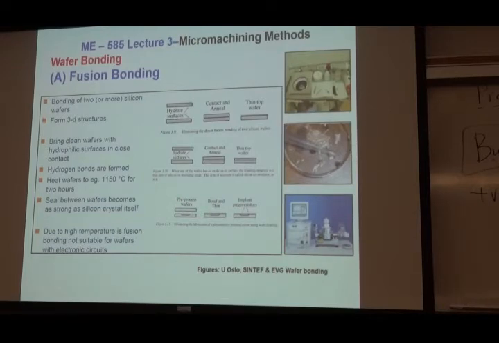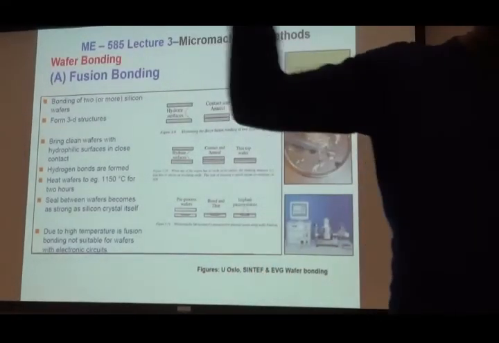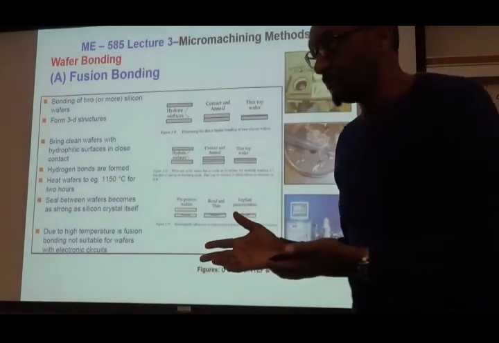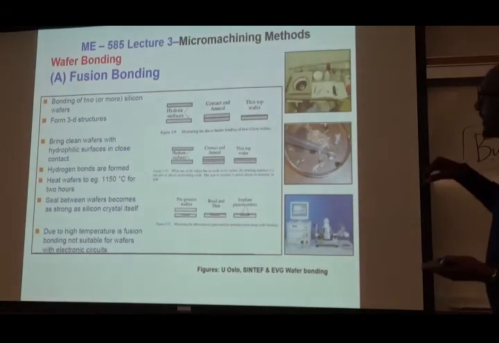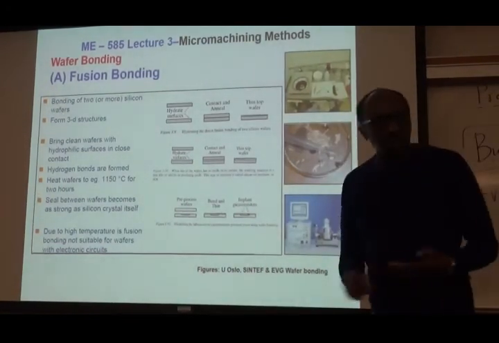So you build the stuff on this wafer, the remaining parts on another wafer, and then eventually you want to bond them. That's called wafer bonding. I'm going to show you the two types of bonding, so essentially you can create all types of 3D structures.